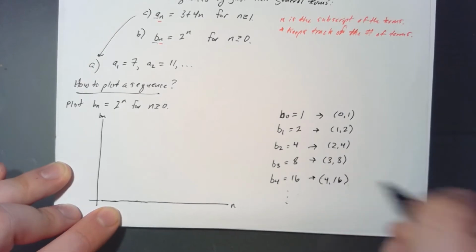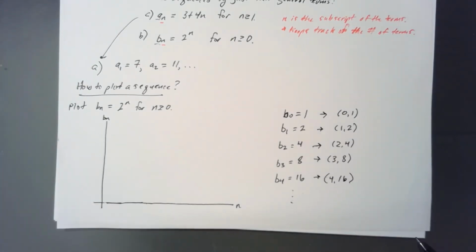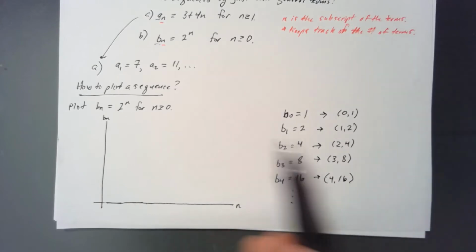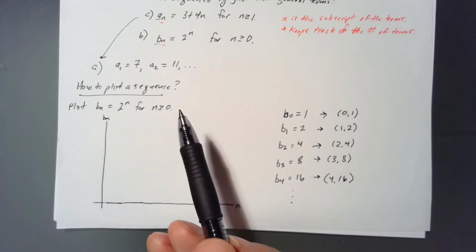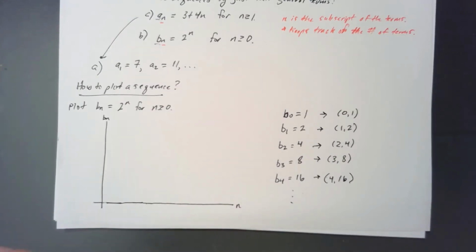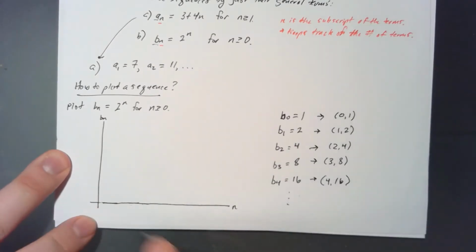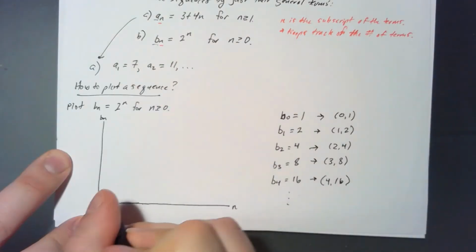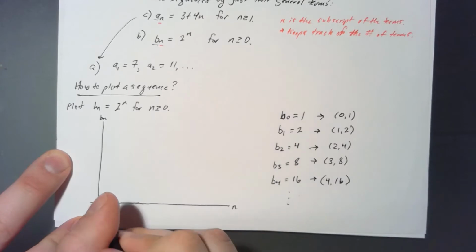And you can see by that, it behaves like an exponential curve, and that makes sense because 2 to the nth power is an exponential function. So if I were to plot these ordered pairs on here, they start off relatively small.